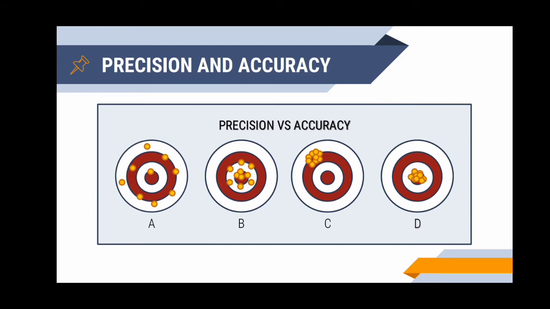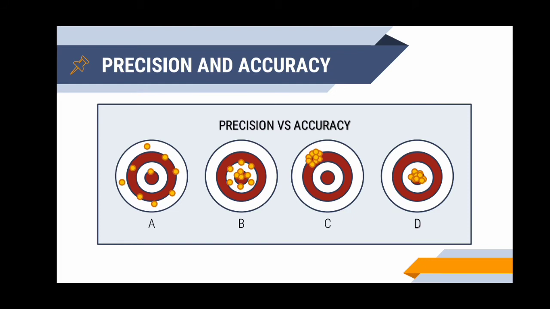Kasi according din sa International Organization for Standardization o yung tinatawag na ISO, accurate measurement has no systematic error and no random error. So essentially, ISO advises that accurate be used when a measurement is both accurate and precise.